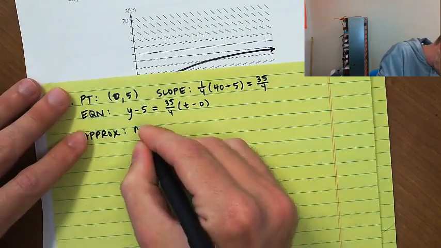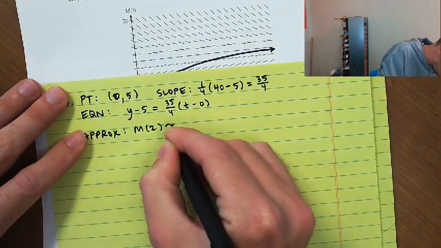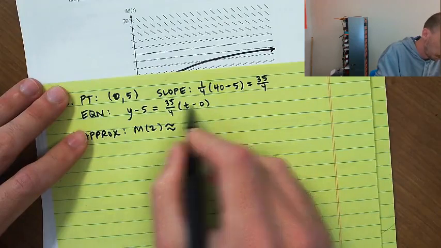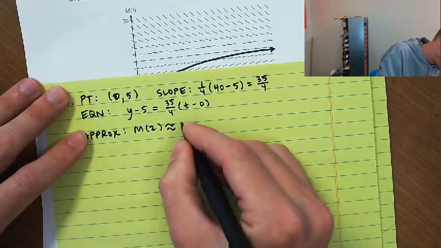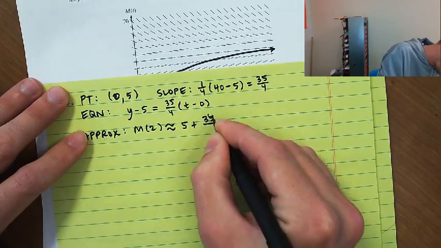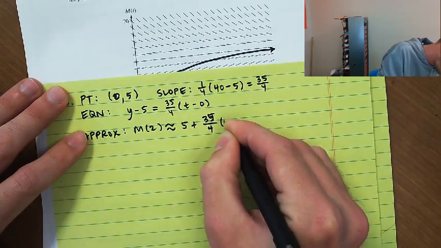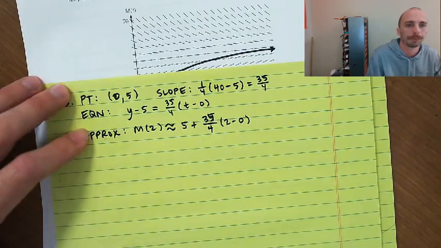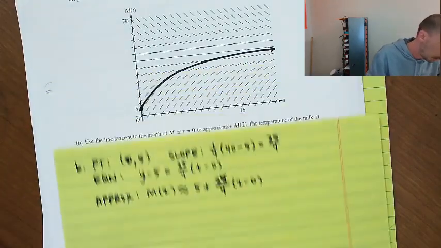So M of 2 is approximately what I would get for y if I plugged in t equals 2. I'm going to add 5 plus 35 over 4 times (2 minus 0). And that's my approximation.